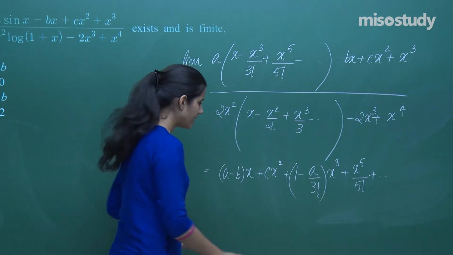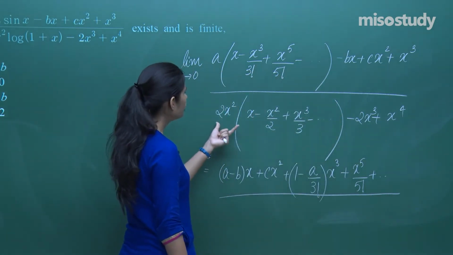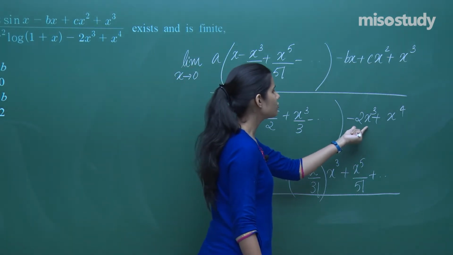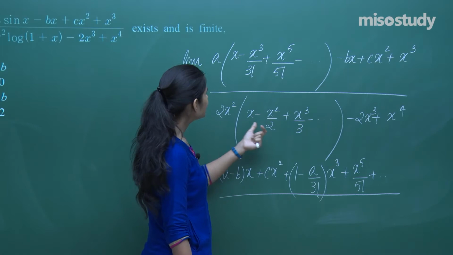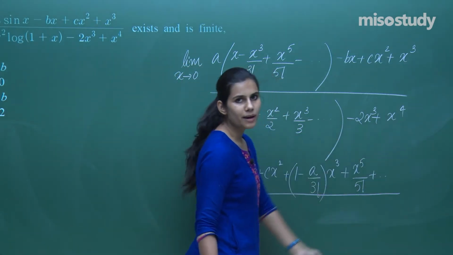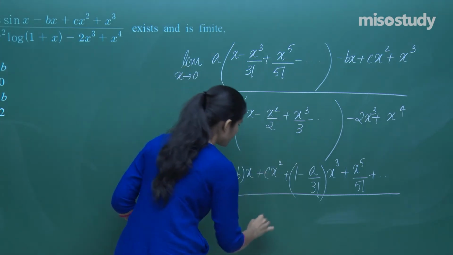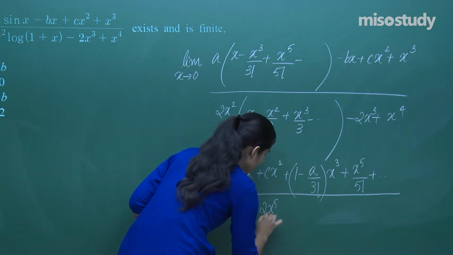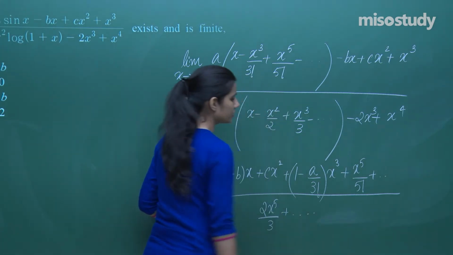And in the denominator you have what? 2x cube minus 2x cube, 0. Then you have minus x to the power 4 plus x to the power 4, 0. You have literally now 2x to the power 5 by 3 plus and so on.